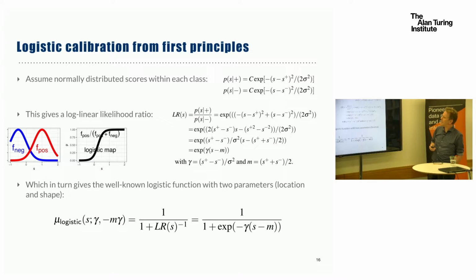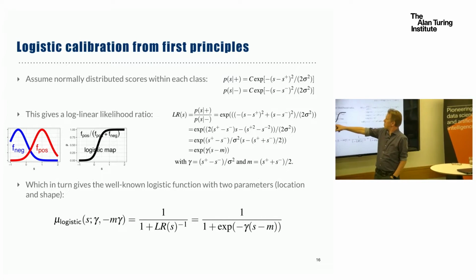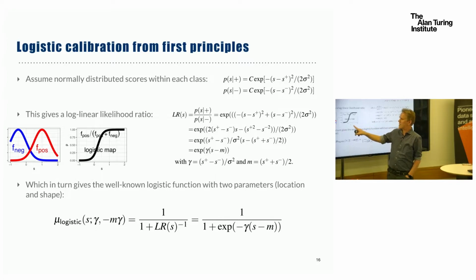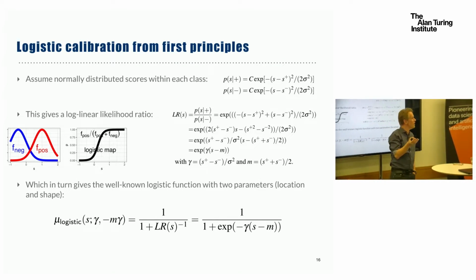So here is, and ignore the maths, it doesn't really matter, a one-slide justification of Platt scaling or logistic calibration. So that's this logistic map that we have here, where on the x-axis we have the scores coming out of the classifier, and on the y-axis we have it converted into probabilities. So here's one way of justifying it.